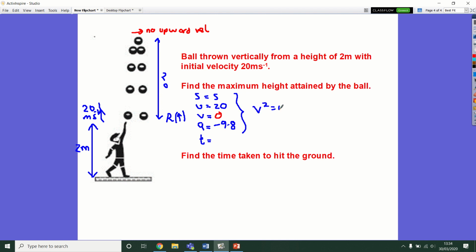V squared equals U squared plus 2AS. Put the values in. V is 0. U is 20. If I square 20, I get 400.